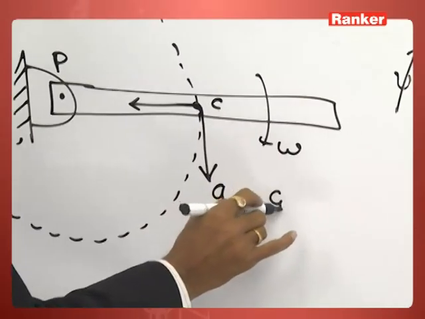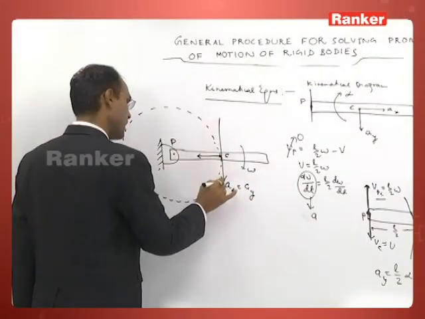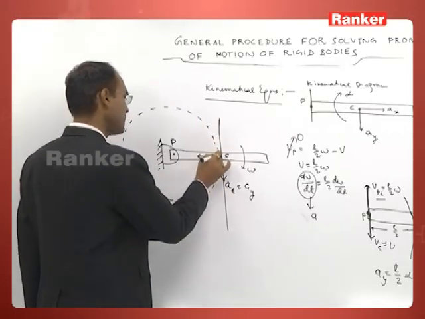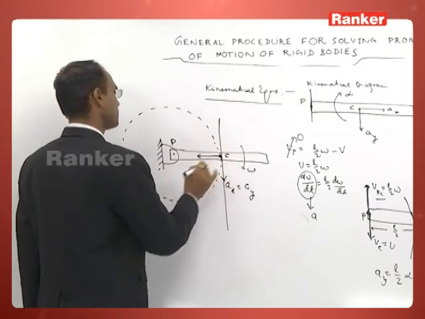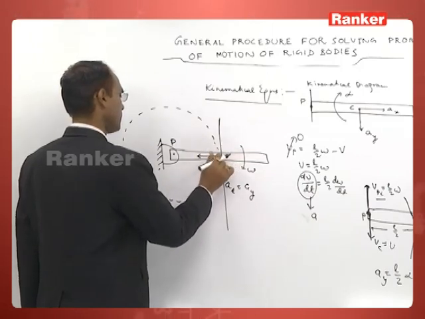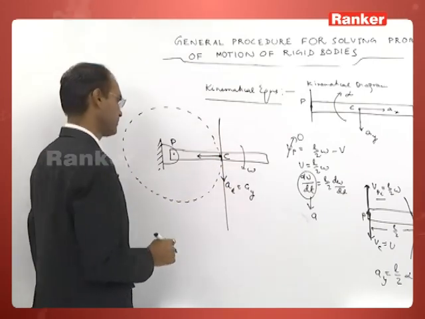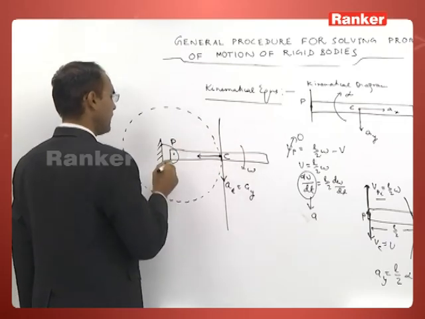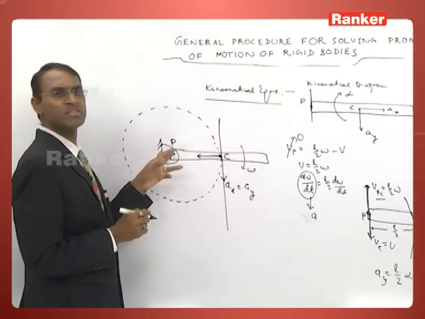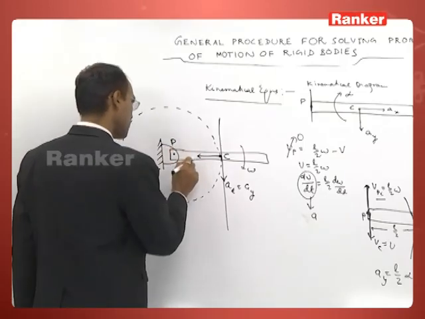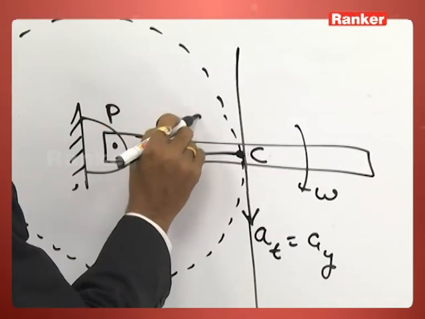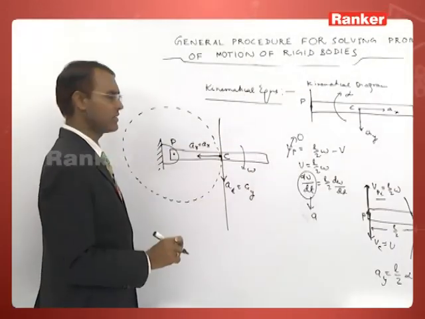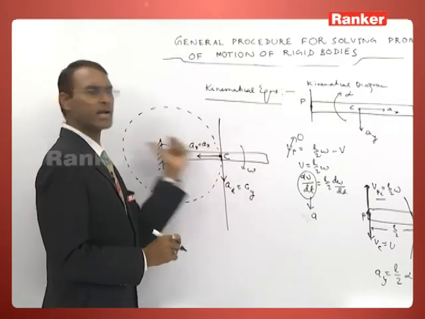In this case, we can call it AY because it is directed along y axis, and the acceleration of the center of mass or midpoint of the rod is directed towards the center of the circular path, that is the pivot. This is called radial acceleration, or we can call it acceleration of the center of mass along x direction, and this is pointing along negative x direction.